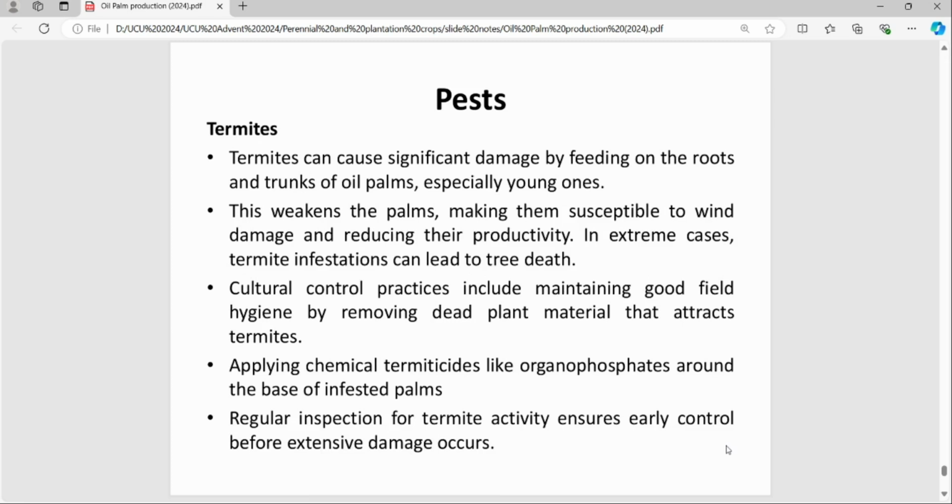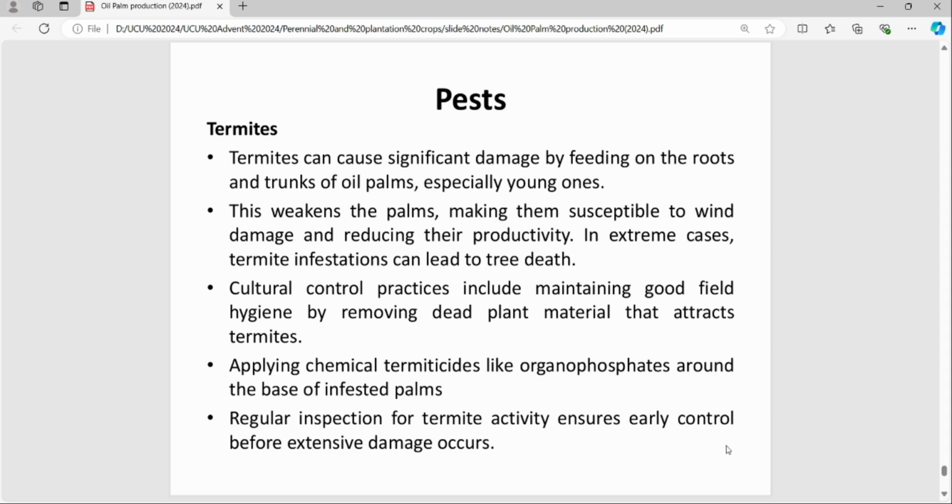We also have the termites, which cause significant damage by feeding on the roots and the trunk of the oil palm trees. This weakens the palm trees, making them susceptible to wind damage. And then in extreme cases, the infestation can lead to death of these trees.